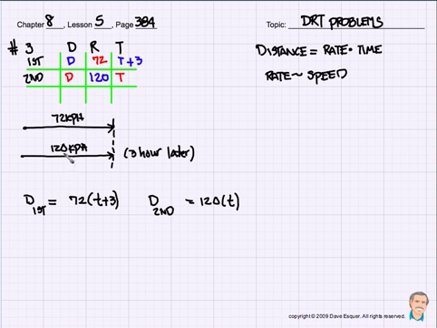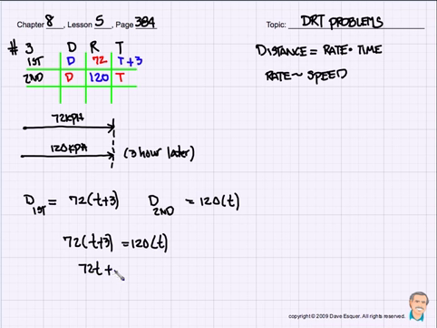And the question is, for number 3, when will the faster train catch up to the slower train? At that time, their distances will be exactly the same because he's been catching up slowly behind, and then finally he's neck and neck, even though he left 3 hours later. So that tells us that 72 times (t plus 3) better be equal to 120 times t.